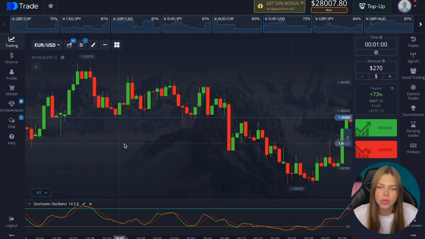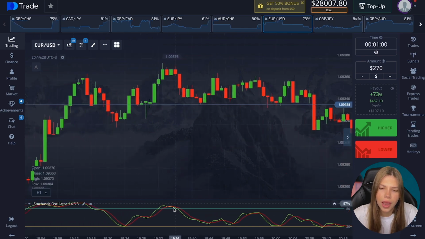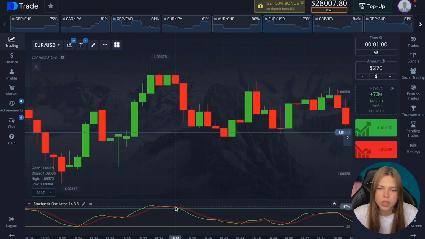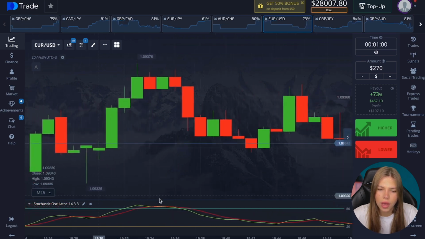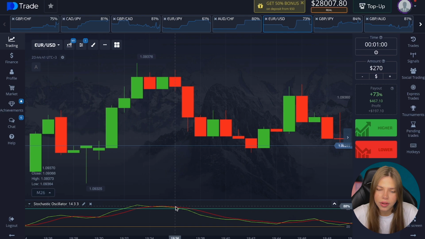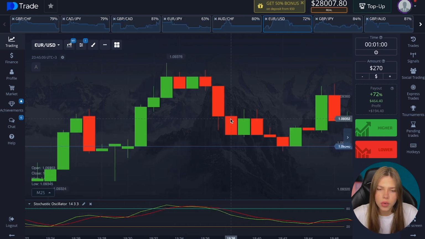Now, if we have broken the maximum, as here, unfortunately I can't zoom the indicator normally. If we see that our two lines have crossed, turned around and gone from the maximum to the neutral zone, and the slow red line is higher than the fast green one, this is a signal to us for trading. Here's our deal open, on a new candle.